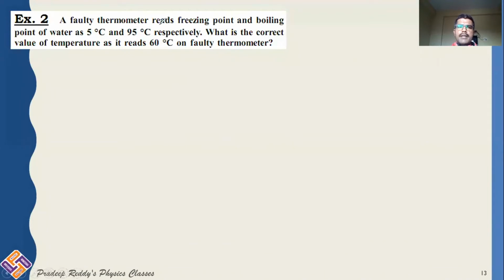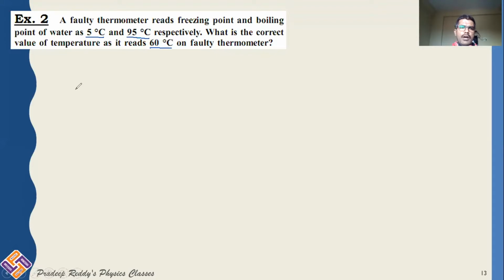A faulty thermometer reads freezing point and boiling point of water as 5 degrees Celsius and 95 degrees Celsius respectively. What is the correct value of temperature as it reads 60 degrees Celsius on the faulty thermometer? As I already told you, in a faulty thermometer, the lower fixed point and upper fixed point values are different.